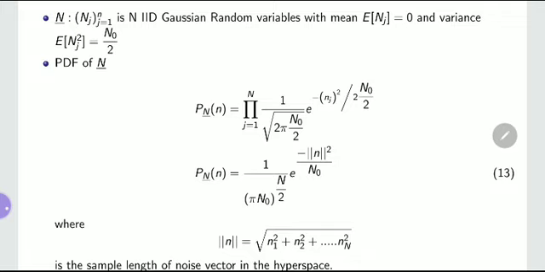Okay. So it is actually the length of the noise vector from the origin, root of n1 square plus n2 square, etc. nn square. So we are dealing with n-dimensional signal space. It is actually an extension of our 2D, so our 2D equations are also extended.